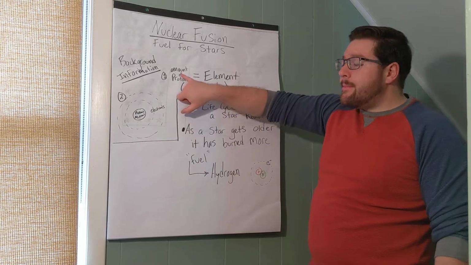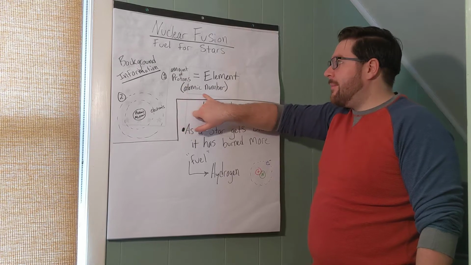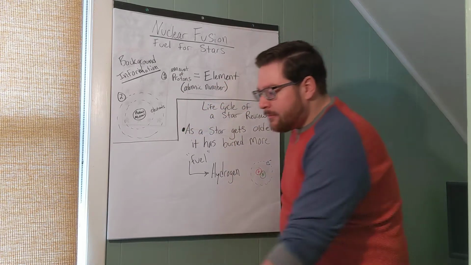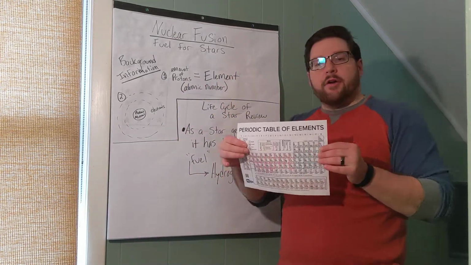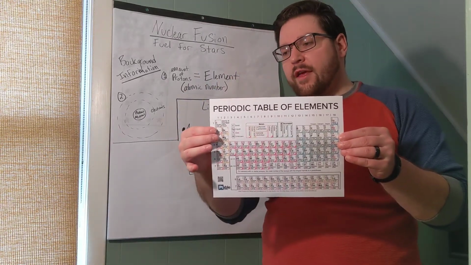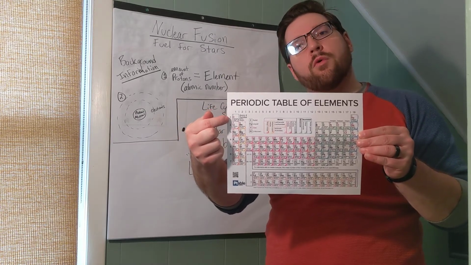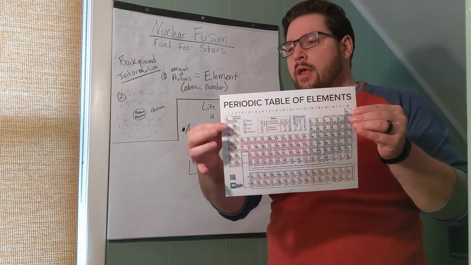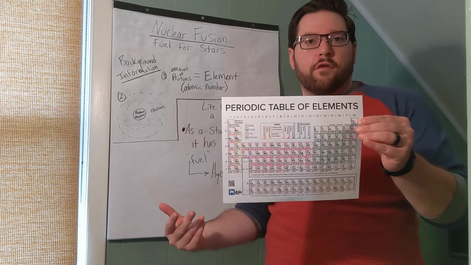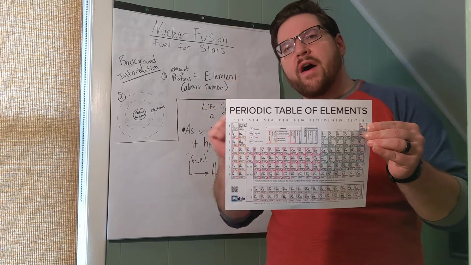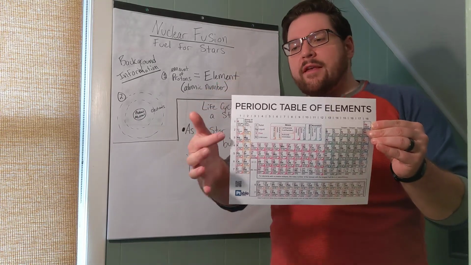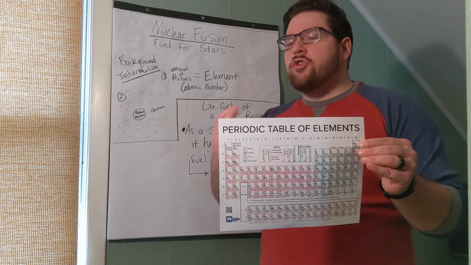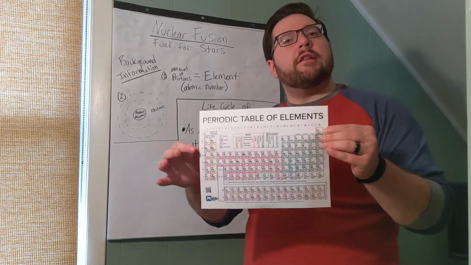And it's that number of protons, the atomic number, that really determines what an element is. And that comes back to the periodic table. If you remember, there are those numbers in the top corner. Hydrogen has 1 proton, helium has 2, lithium has 3, and so on. What defines the atom is the number of protons it has. So hydrogen has 1. If you have 2 protons, you're no longer hydrogen, you're helium.